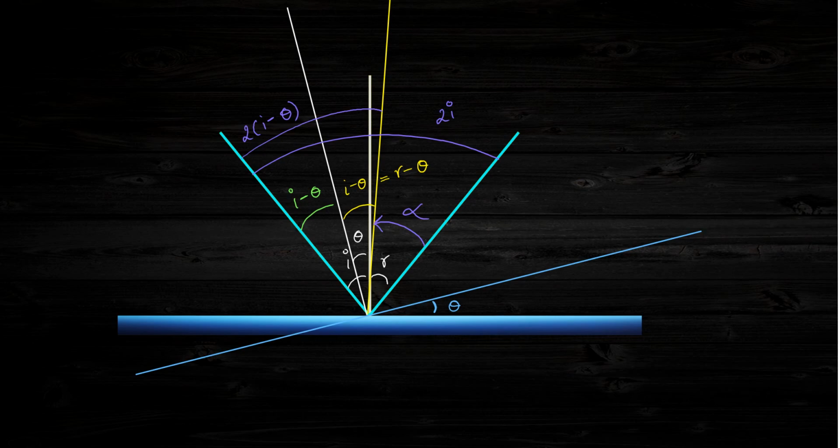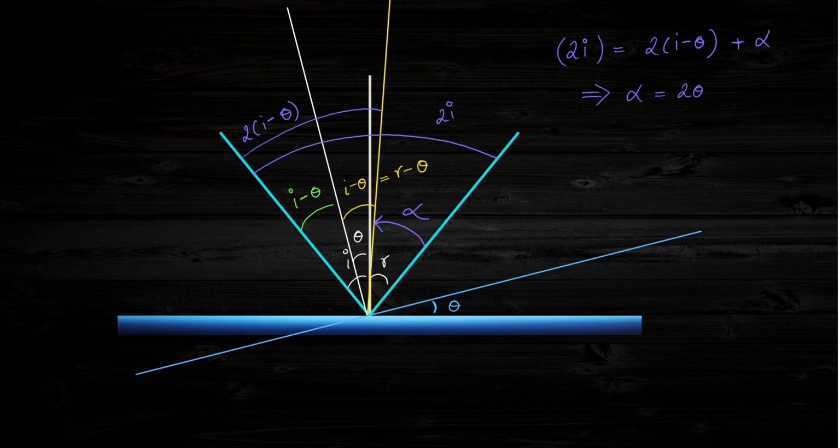So visually we can understand that 2i consists of 2 times I minus theta plus alpha. From this equation it is very apparent that alpha is equal to 2 theta. So the angular shift that the reflected ray experiences happens to be 2 theta.